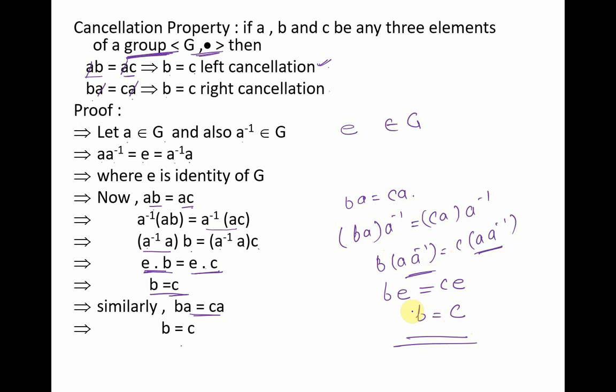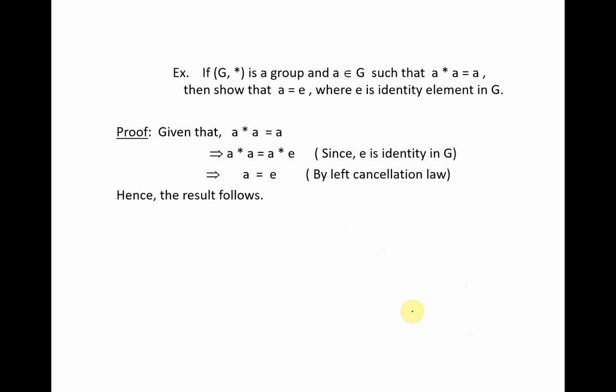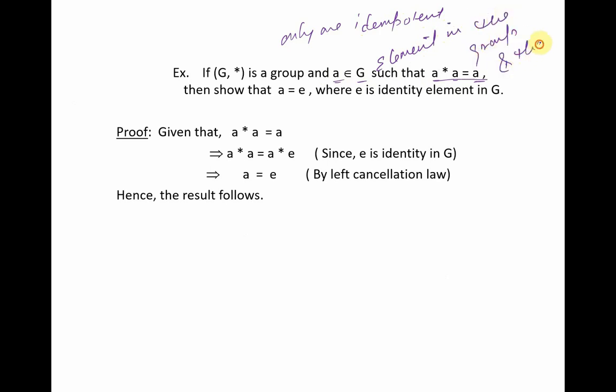Let us see a couple more properties that can be defined in the case of groups. Say, if G comma star is a group and if A is an element belonging to the group, so A star A is equal to A. What we are trying to showcase here is that there is only one idempotent element in the group, and that is E. If you remember, if A star A is equal to A, then it is said to have the idempotent property.